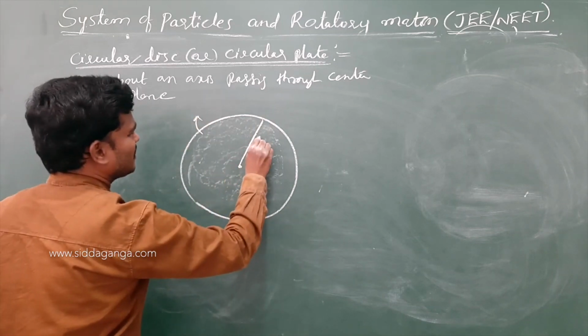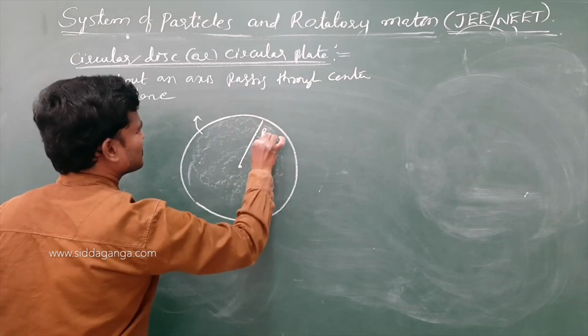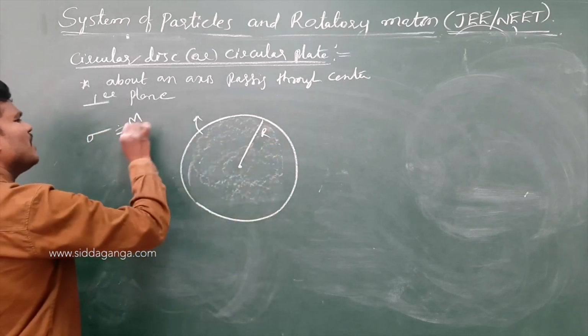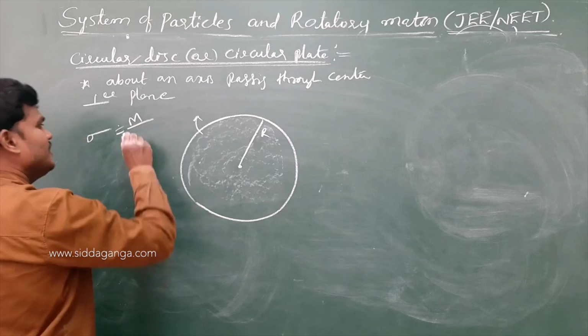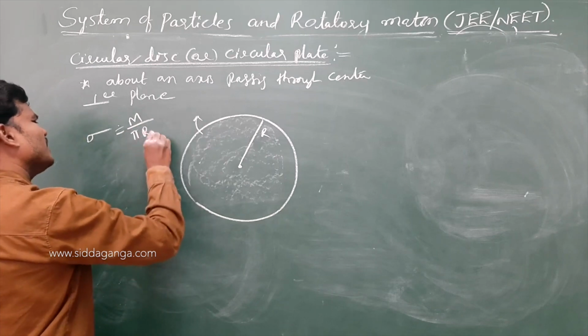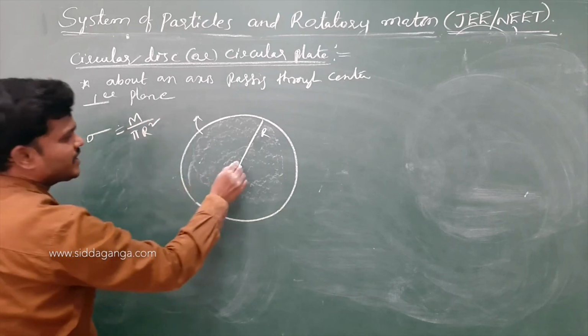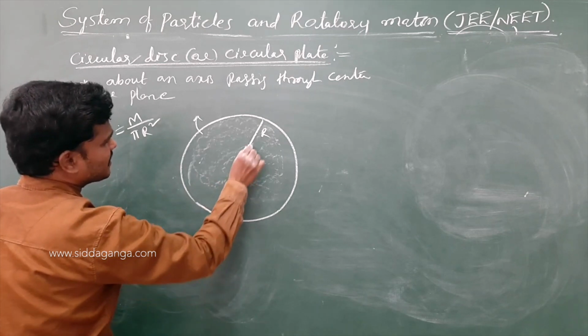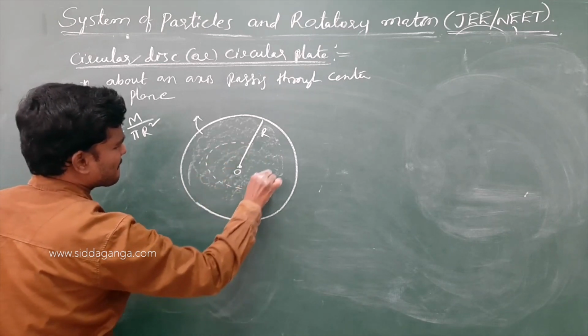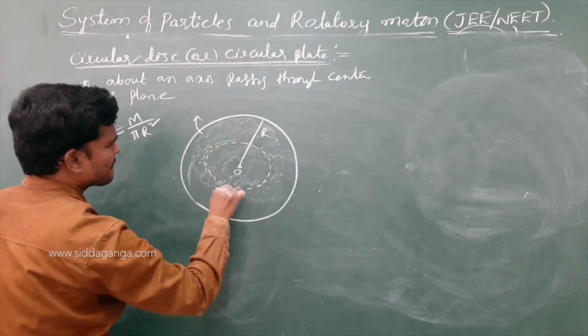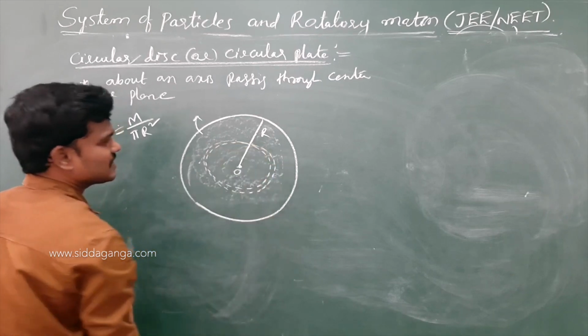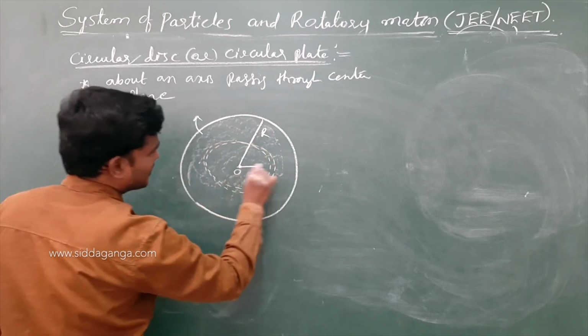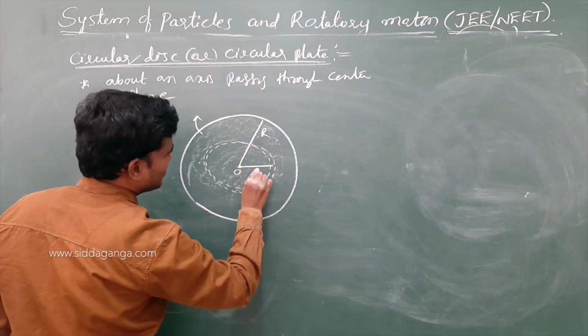If capital R is the radius, then sigma is equal to what? Mass by area. Area is pi r square. If I take any small part from this center, take a small part. See, this is the small part. I am taking at a distance of some x.